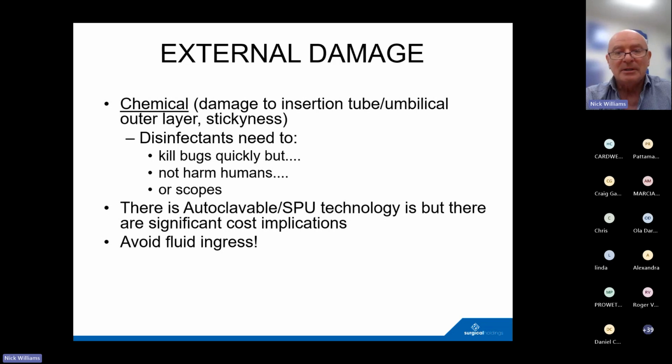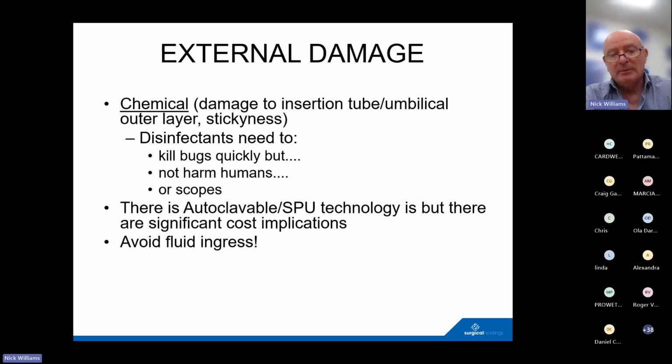Any sort of damage to the insertion tube can cause, for example, stickiness. Some of you who've been in the industry for quite a long time will remember certain chemicals that came out years ago and caused a lot of stickiness to the instruments, but were very good at killing bugs. So it's another example of balance and compromise. And obviously you don't want a chemical that causes sensitization to the users.